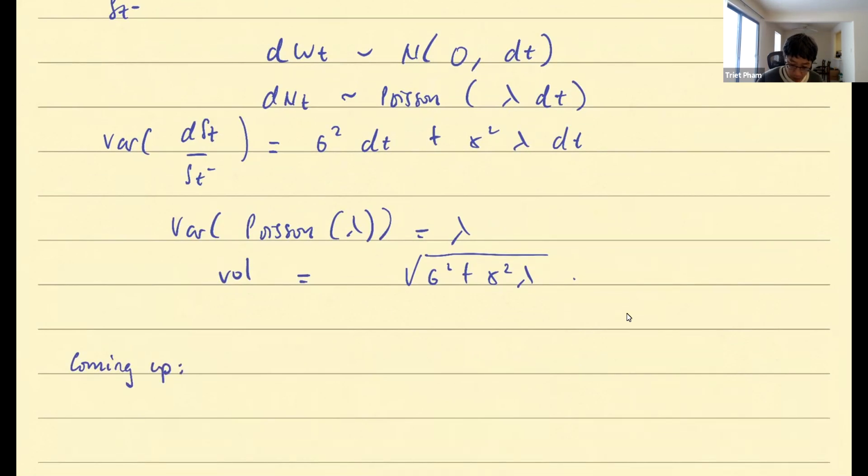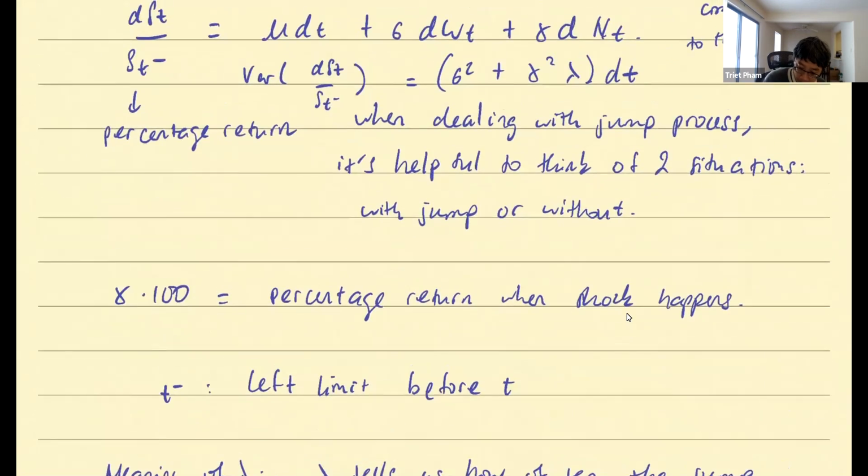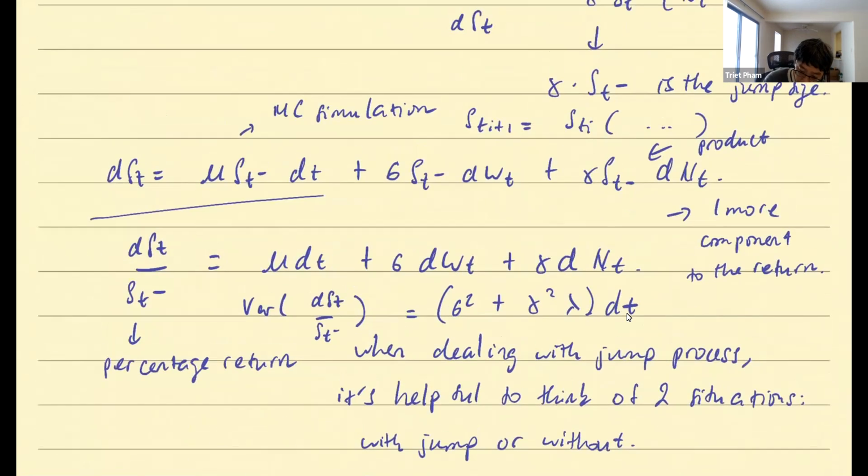So coming up, what we'll do from here is we need an explicit formula for ST. Remember, for example, I write something like this. What is ST then?